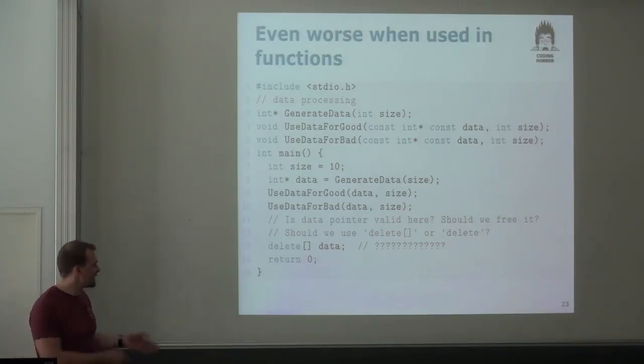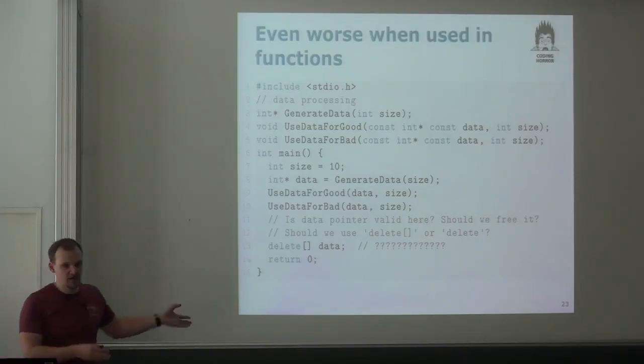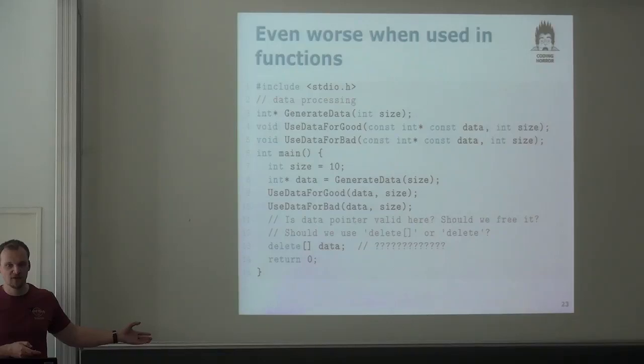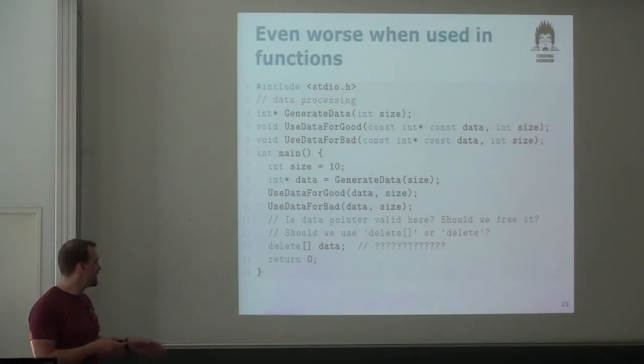And that is really bad, because if I use this function for good, it's fine, I can still use my data afterwards. But what if somebody wants to remove that data in the function? I have no idea that this happens, and I have no control over it. Whatever const I put there, I have no control over that, so they can still free my memory.